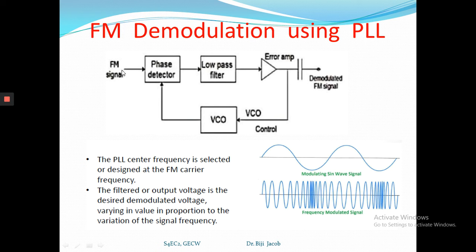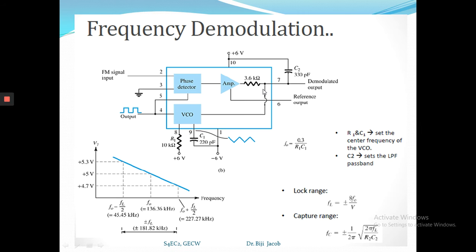Under the lock condition, the VCO frequency tries to catch up with the FM signal, so the FM signal frequency and VCO frequency will be exactly the same. Then the phase difference due to the PLL operation is nothing but your demodulated FM signal. So the basic application of your PLL was FM demodulation.